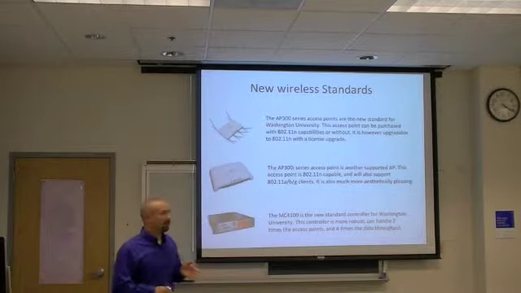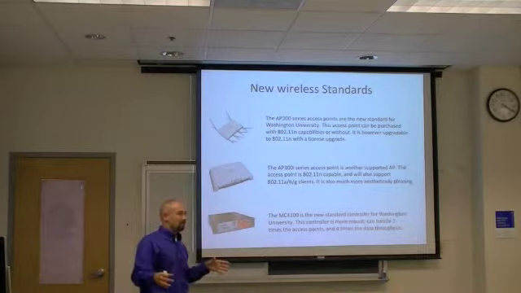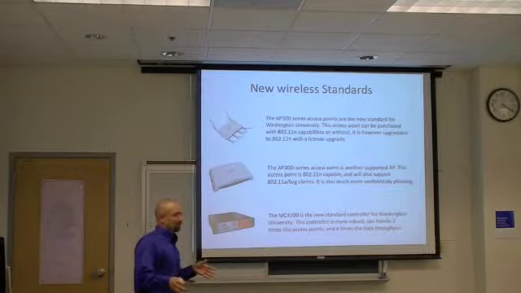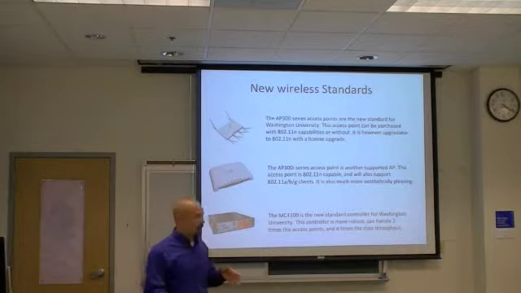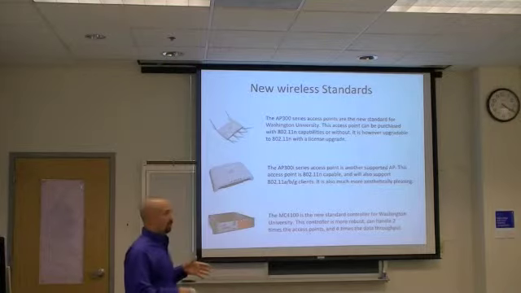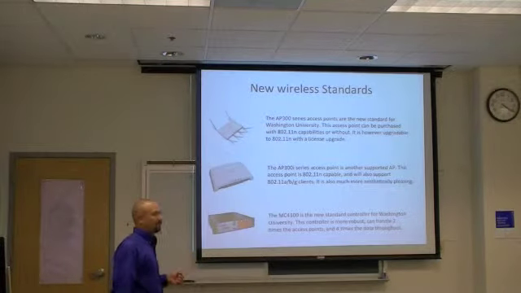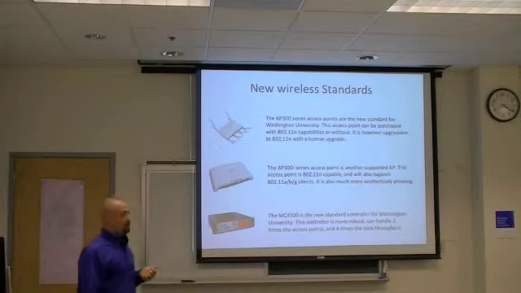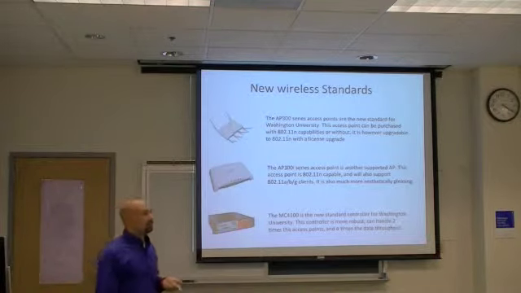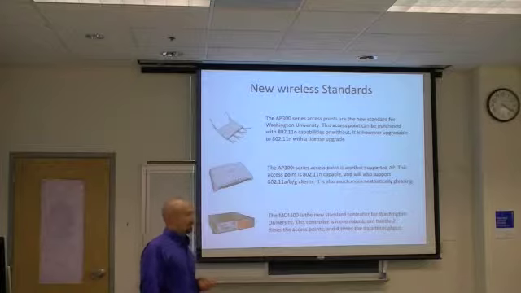The lower frequencies, you're going to be able to spread out. You're not going to get the speeds on the lower frequencies that you do on the higher ones, but you can get more density. 802.11n will run on both 5 gigahertz and 2.4. Does that answer your question?